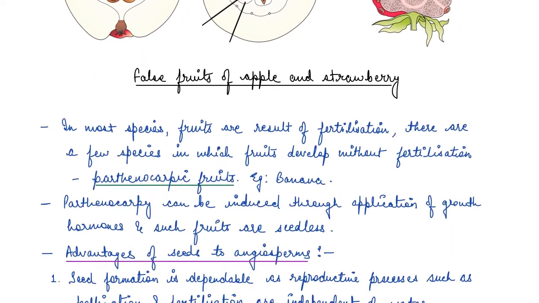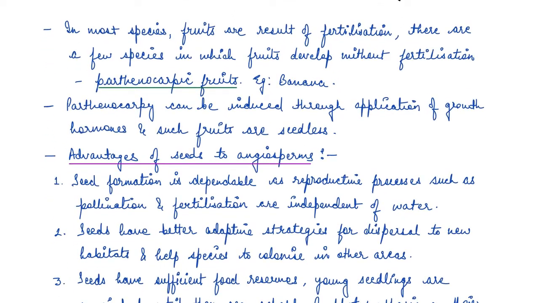In almost all the species of flowers, monocots or dicots, fruits are the result of fertilization, right? After fertilization, the ovary matures into the fruit. But there are some plants where fruits are developed without fertilization.